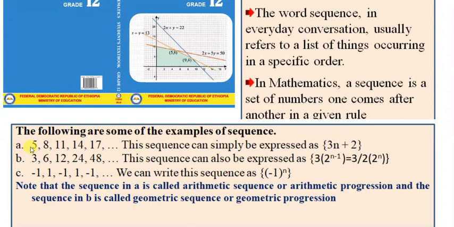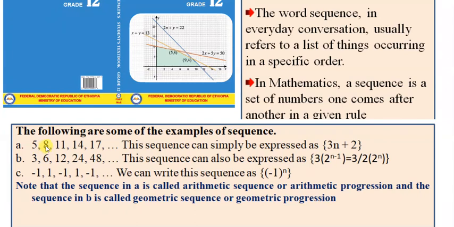In A, as you can see, the list of numbers indicates a sequence: 5, 8, 11, 14, 17, and so on. Such a list is said to be a sequence because the numbers are arranged in a given rule.